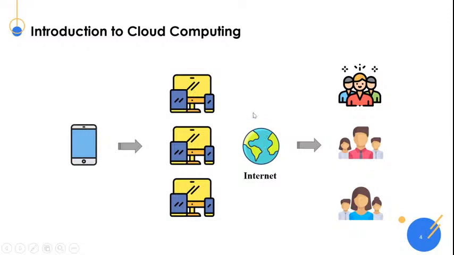So what you can do traditionally is you can buy some servers and then put the application over the internet, and then people can come visit and start using your web application or your apps and all.